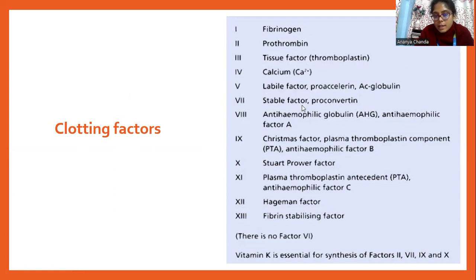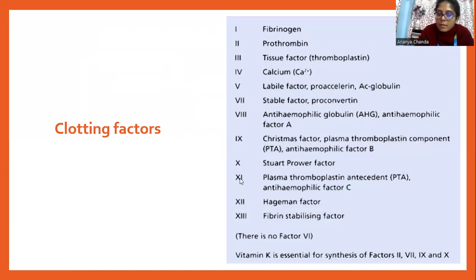Factor 7 is stable factor or proconvertin. Factor 8 is antihemophilic globulin or antihemophilic factor A. Factor 9 is Christmas factor or plasma thromboplastin component or antihemophilic factor B. Factor 10 is Stuart-Prower factor.